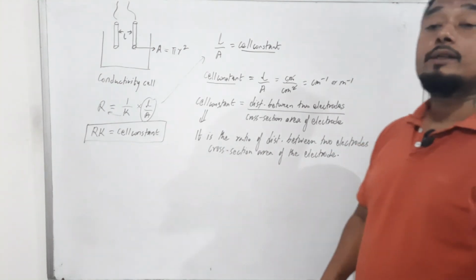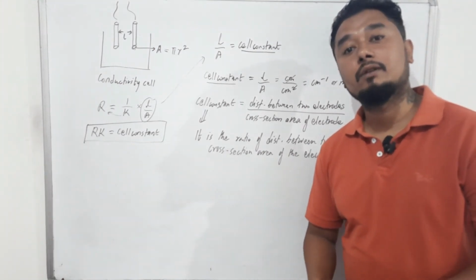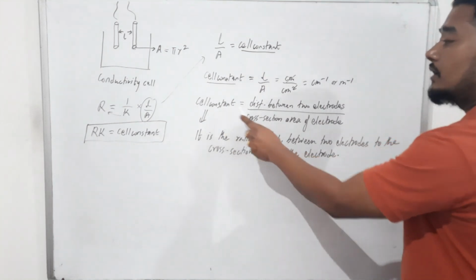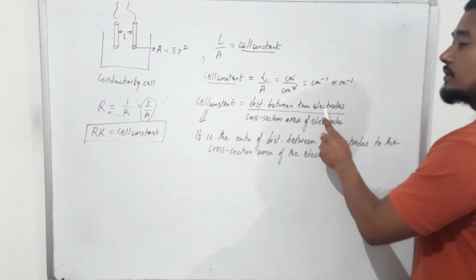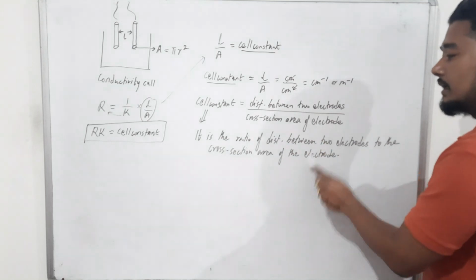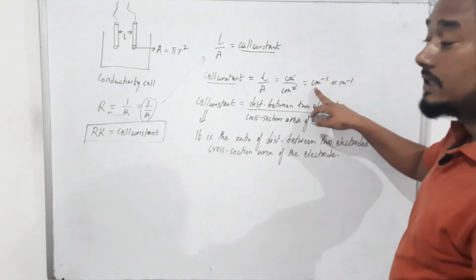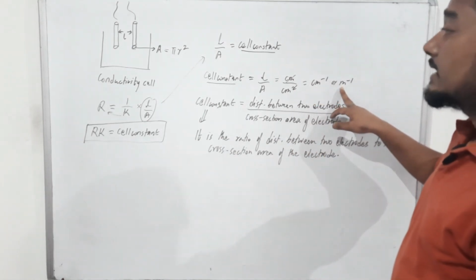Done, students? So remember the definition of cell constant. Its unit in CGS is centimeter inverse, in SI it's meter inverse.